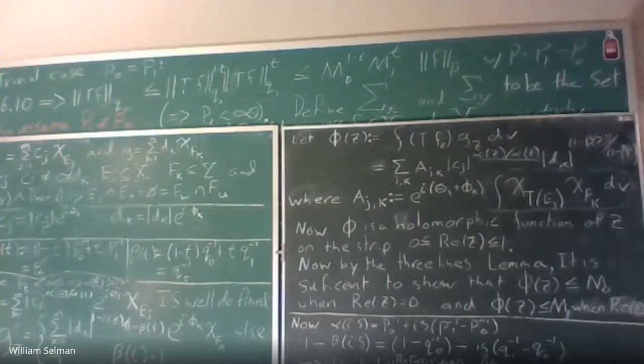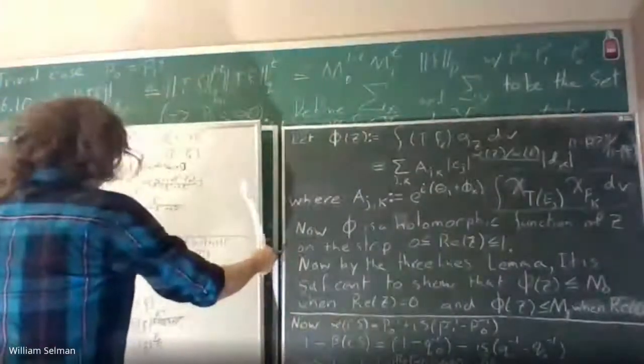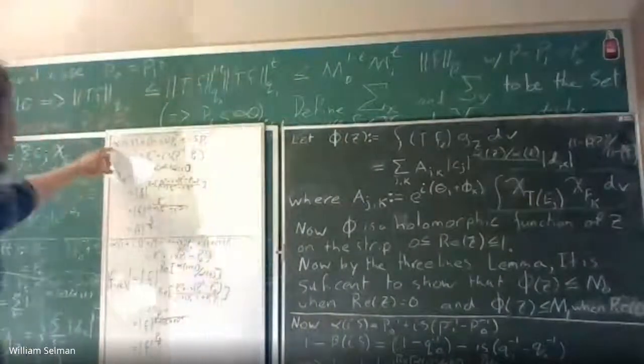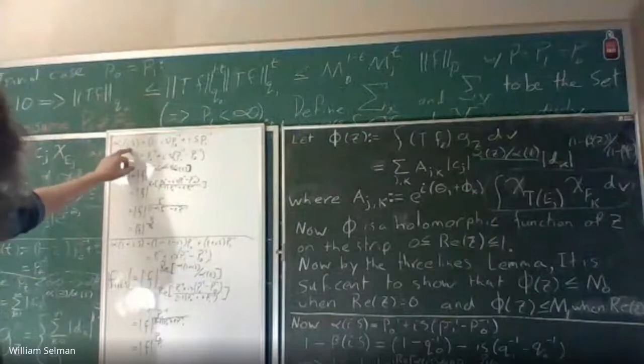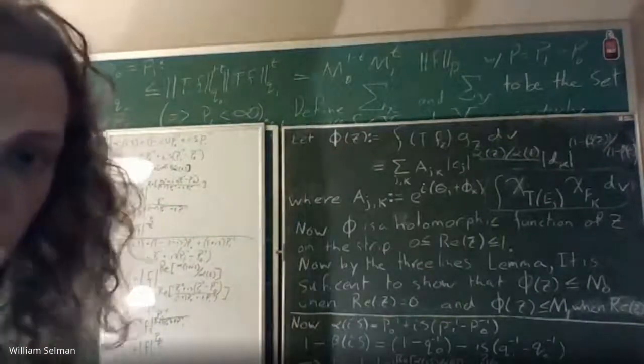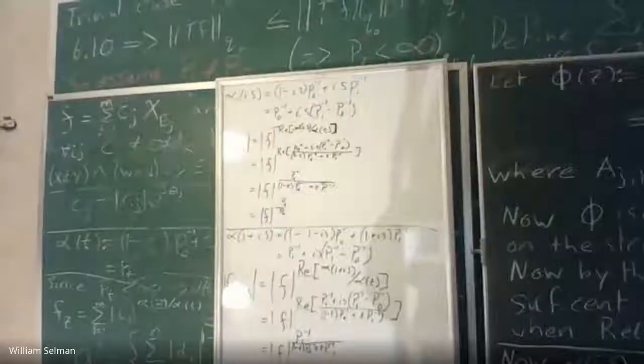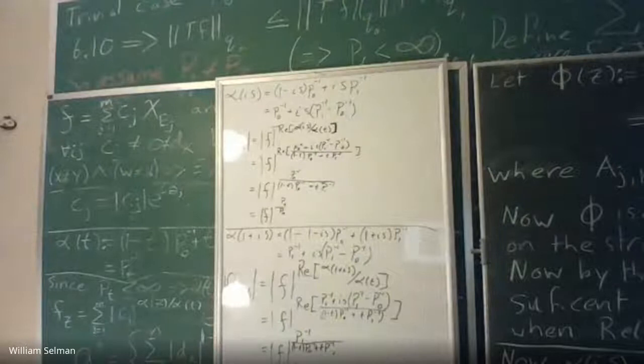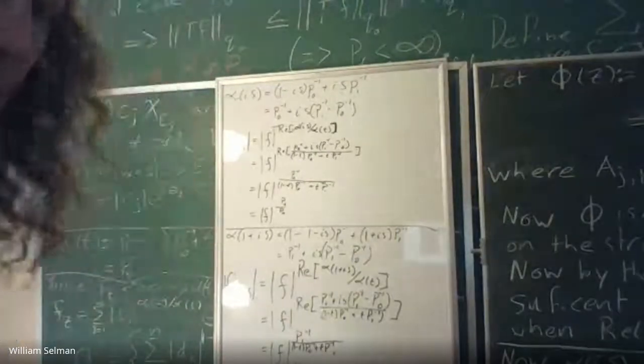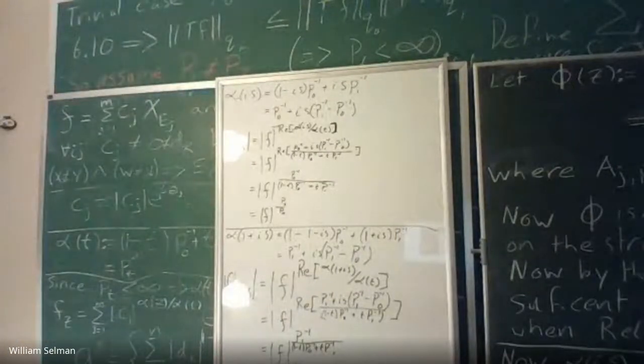So real quick, I'll pop this right here. When I consider alpha of IS, is that visible? Yeah, there we go. So this one.